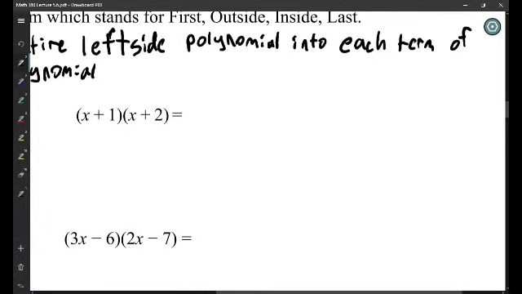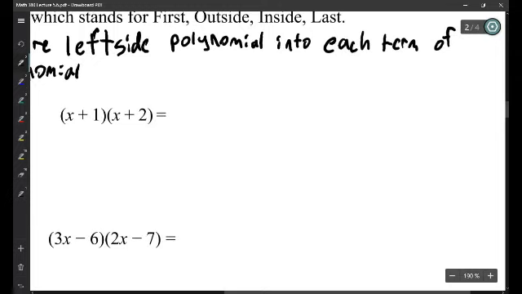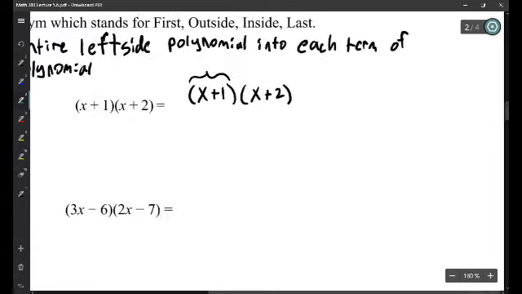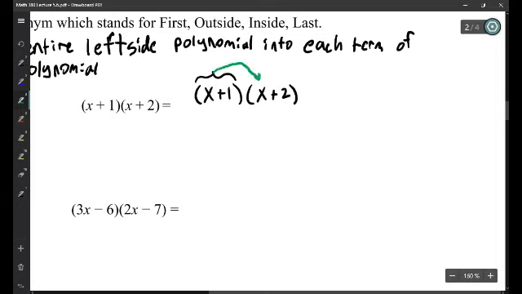Then that is going to look something like this. Let's rewrite. So x plus 1 times x plus 2. This entire left side polynomial multiplies to x and then multiplies to 2. And let me use different colors for each distribution here. Green for the first one, blue for the second.